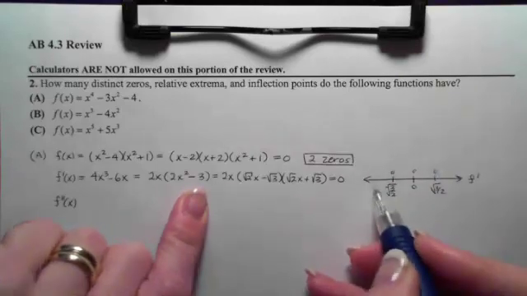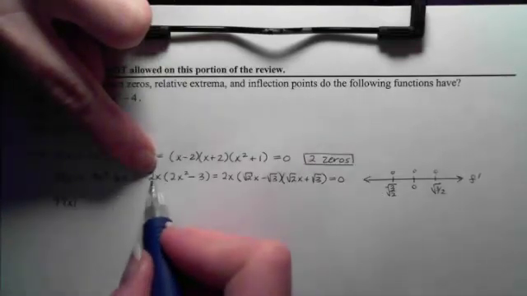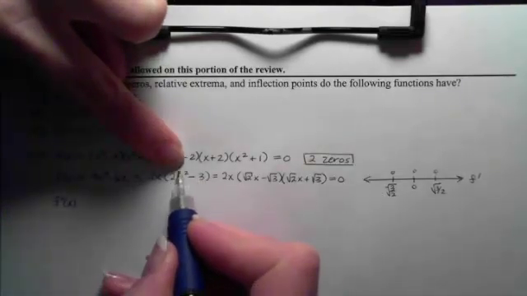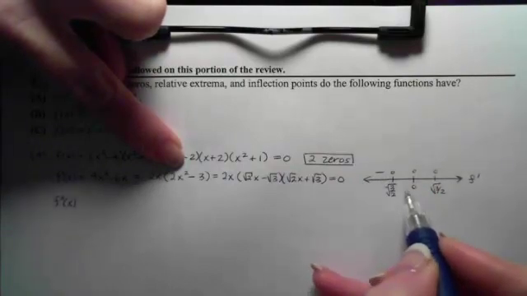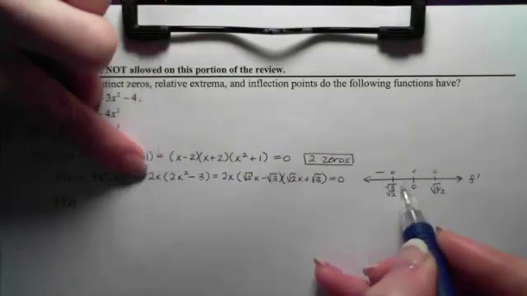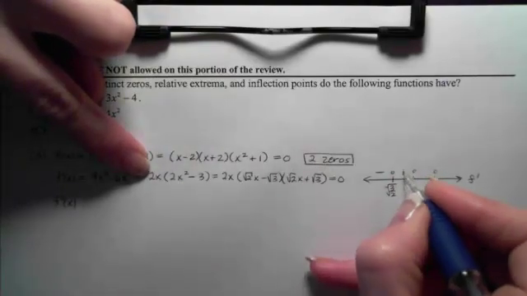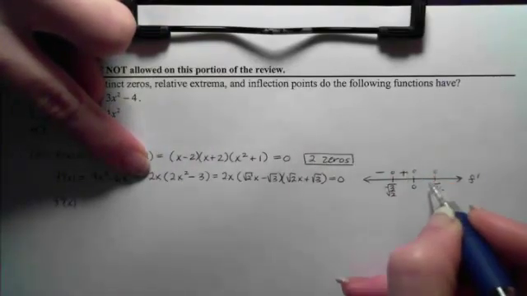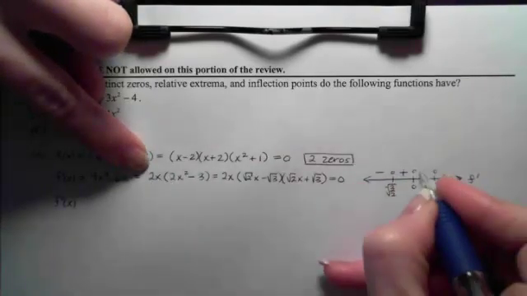Prior to this, say at negative 5, we can see that this will be a negative number and this will be a positive number, so we'll end up having a negative. In between here, say at negative 1, we'd get a negative here and a negative here, which would give me a positive. After 0, say at positive 1, this is positive, that's negative.